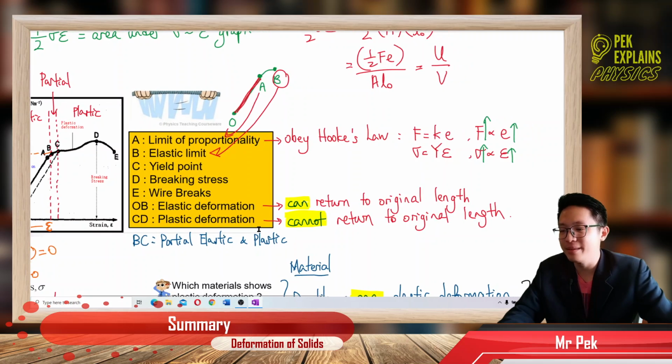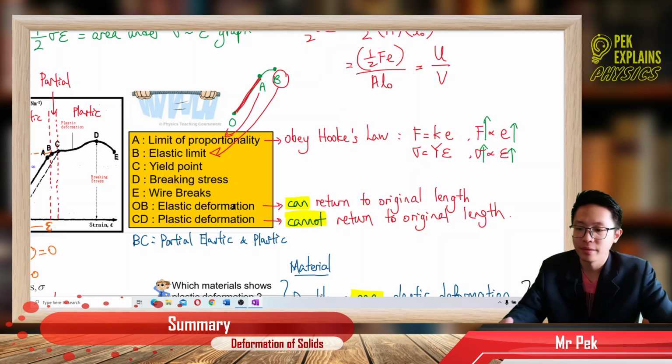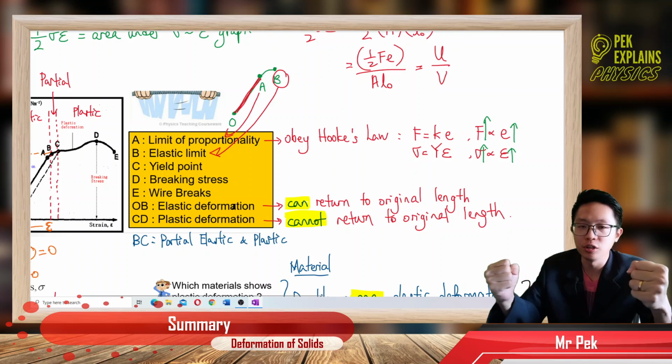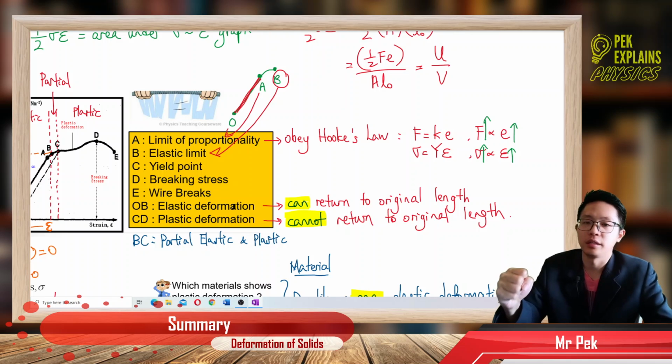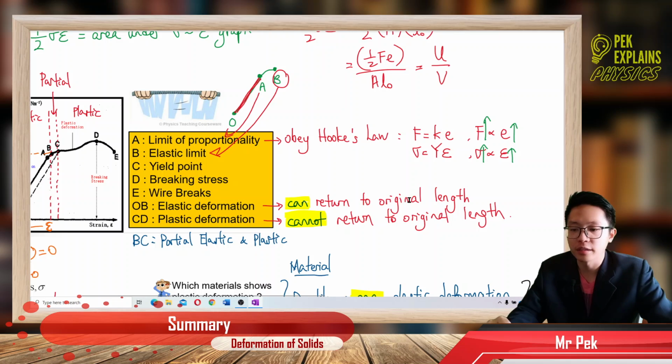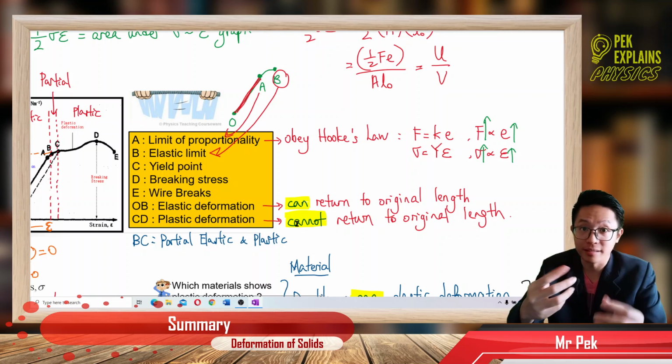Let me explain the difference between elastic deformation and plastic deformation. Just now you learned elastic deformation is something like a spring. That means you pull and release the force, and it can return to its original length. Plastic deformation is like plastic.